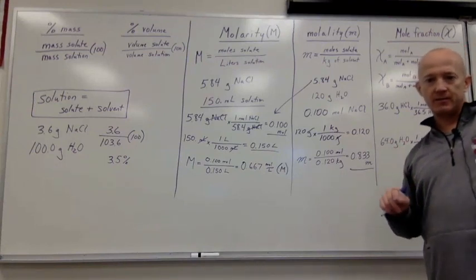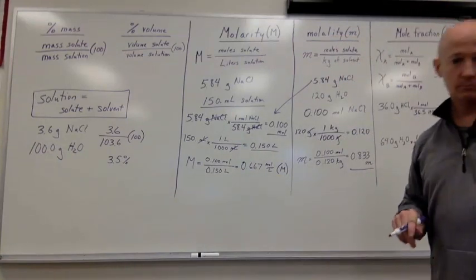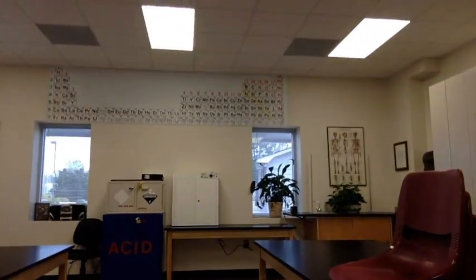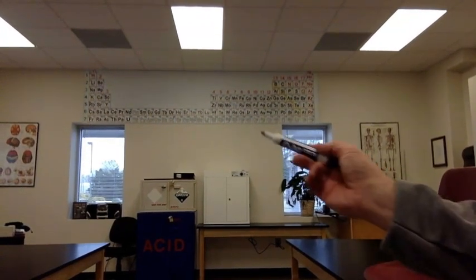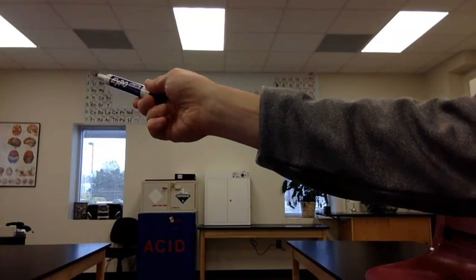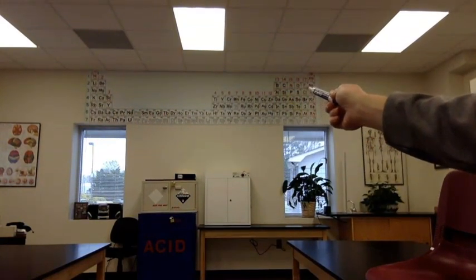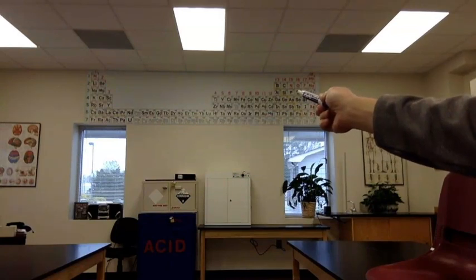I'm pointing, but you can't see the periodic table from where you are. There we go. 1 plus 16 is 2 1s and a 16. That's 18.